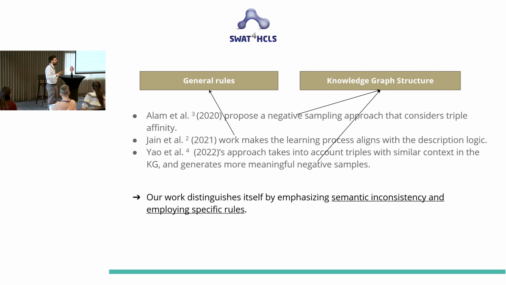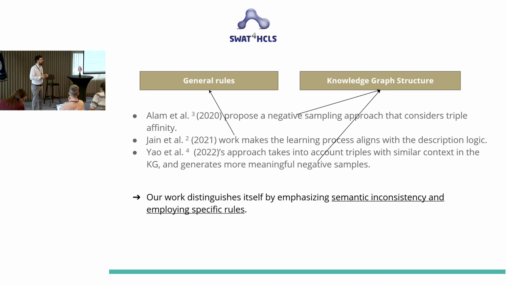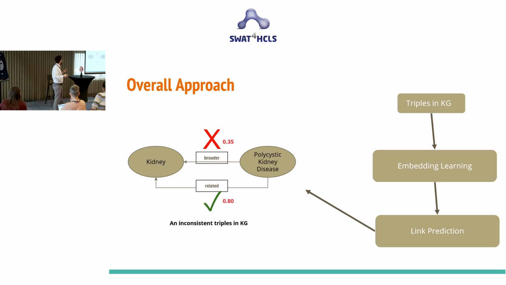What we did was use a combination of this inconsistency definition and an integrated embedding model where we can predict the correct one. So the overall approach: you provide the knowledge graph as it is, then learn an embedding model and see if this embedding model can help detect the best link or the correct link.